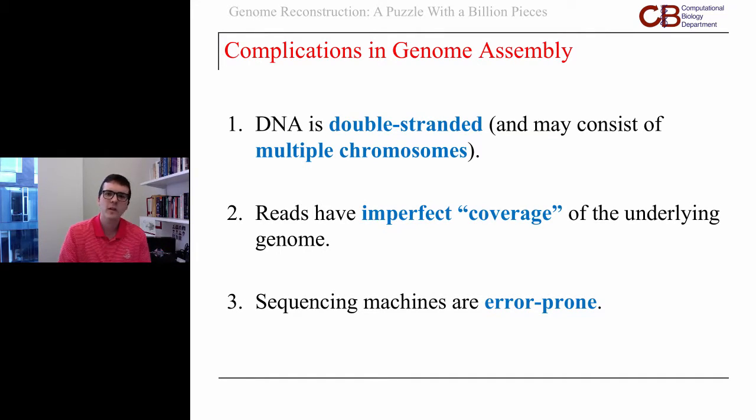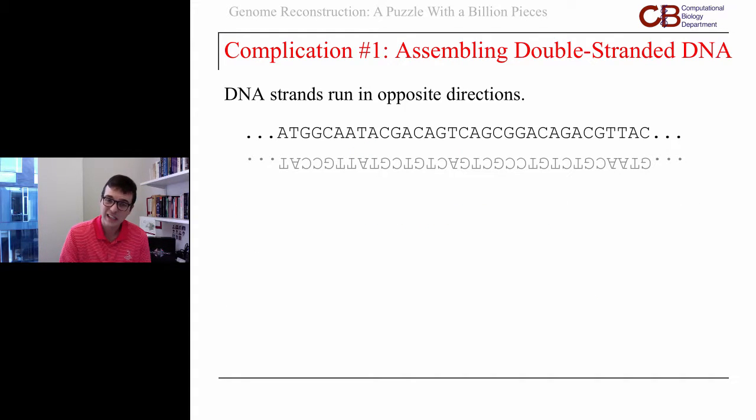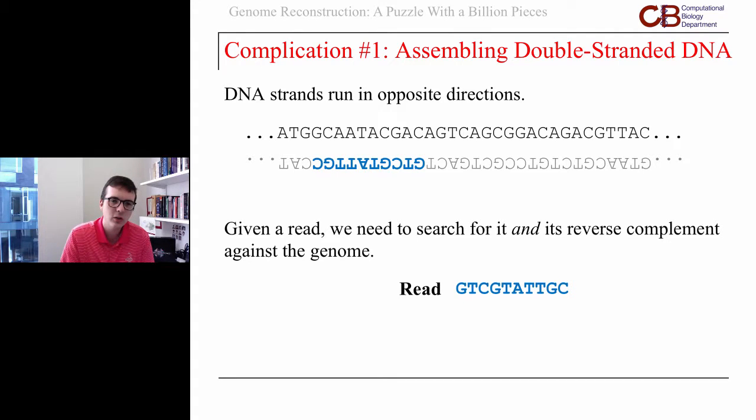So let's look at this first complication, which is that the DNA is double-stranded, and so the strands run in opposite directions. So if you're given a read, you don't know, did it come from strand 1 or strand 2? So we're going to need to search because we don't know the genome in advance. So we're going to somehow need to search for it and its reverse complement against the genome.